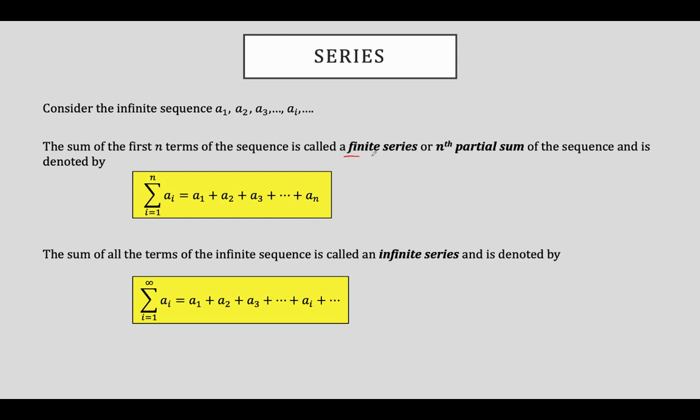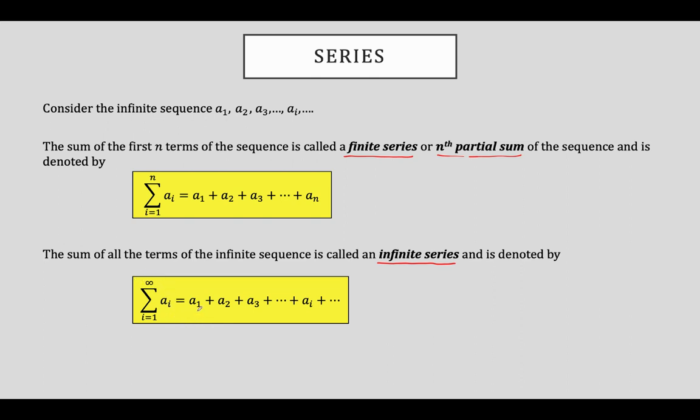So a finite series, or an nth partial sum, means that we are adding together a finite number of terms. We start with our lower limit, we continue to add terms until we get to our upper limit. That gives us our sum. Notice that there are a finite number of values that we are adding together. The sum of all the terms of the infinite sequence is called an infinite series and is denoted by the sum from i equals 1 to infinity of a sub i.